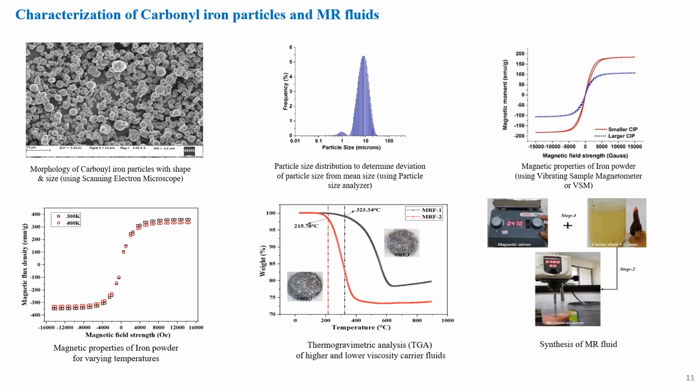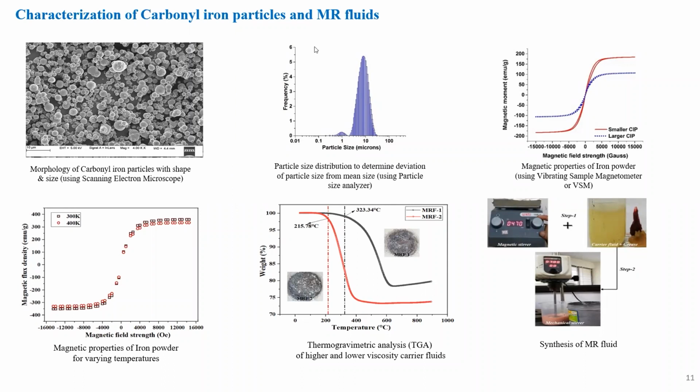For example, the particle distribution, using the particle size analyzer as shown in this figure. Particle size versus frequency is plotted here, and usually 10 to 15 micron particle size is used in MR fluids. We have also used around 40 to 50 microns, whatever the supplier is claiming.